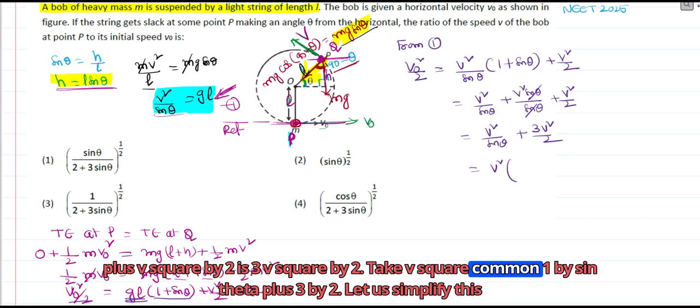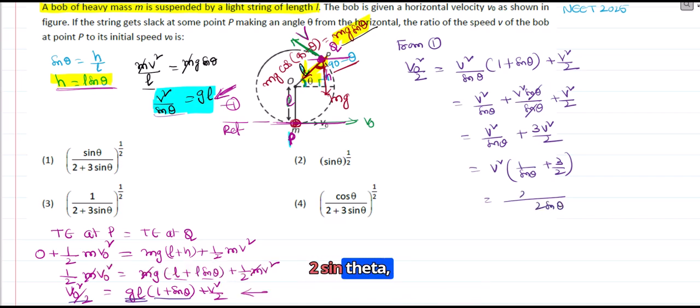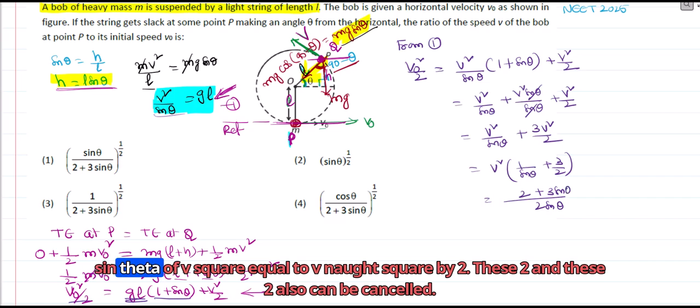Take V square common, 1 by sin theta plus 3 by 2. Let us simplify this. 2 plus 3 sin theta by 2 sin theta, of V square equal to V0 square by 2. These 2 and this 2 can also be cancelled.